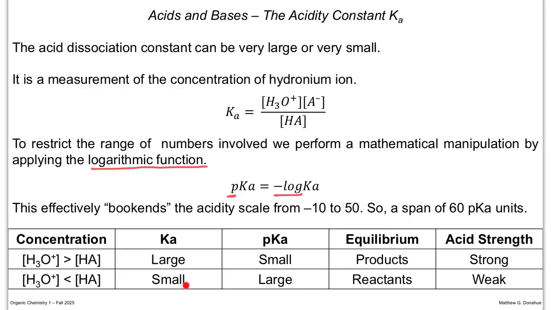If you have a small number, you put it in there, you get a larger number. So you want to make sure that you understand the Ka, how the log affects that, and then ultimately how those numbers relate to strength.